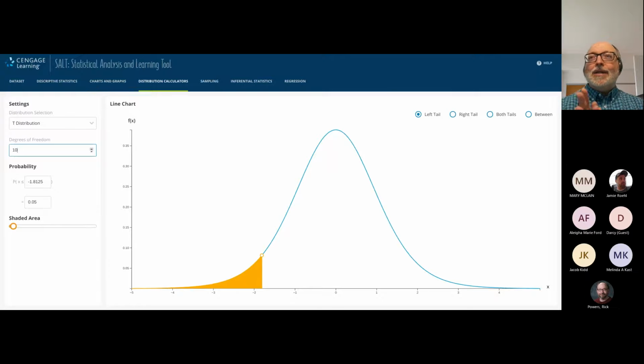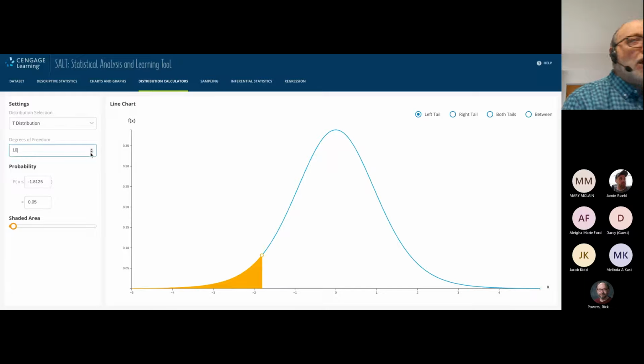But I want you to understand that you need to be using t when we talk about the mean versus z when we are dealing with proportions. So, what is involved here? The shape of the graph changes with different sample sizes.